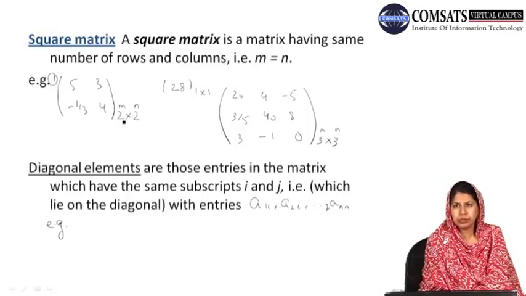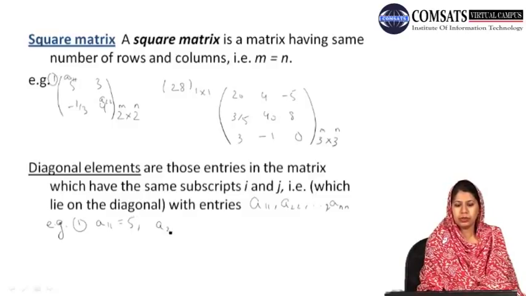We have m equals 2 here, so we will have 2 diagonal elements: A11, that is when i equals j, and A22, the element of second row and second column. So in example 1, we have A11 equals 5 and A22 equals 4.